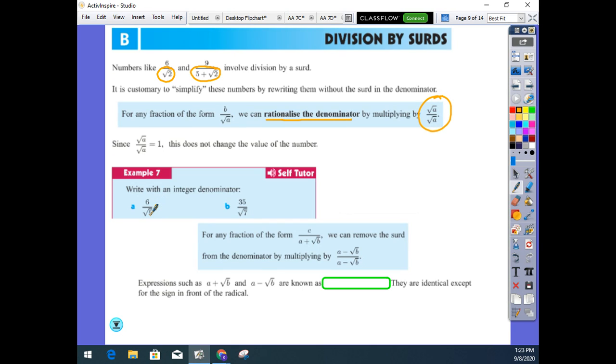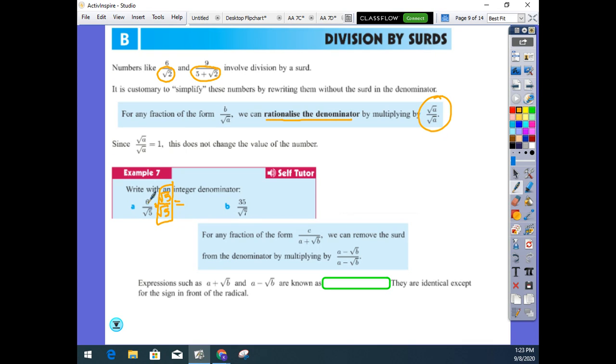If the square root of 5 is the problem, I need to multiply it by itself to fix the square root. What number can we always multiply by and it doesn't change the value? 1. So if I multiply the bottom by the square root of 5, I also multiply the top by the square root of 5, because this is technically multiplying by 1.